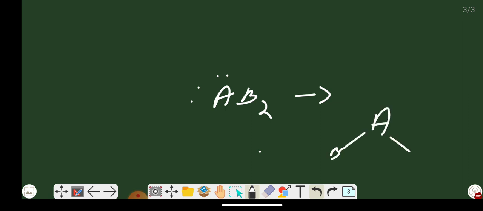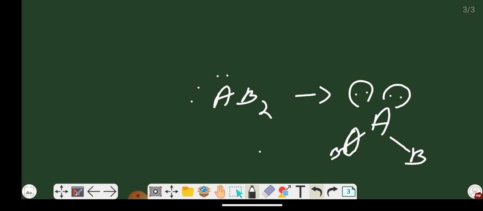Suppose we have a molecule AB2. We will draw its geometry, and it has two lone pairs. We know that it has a bent shape, and here this is the molecule.